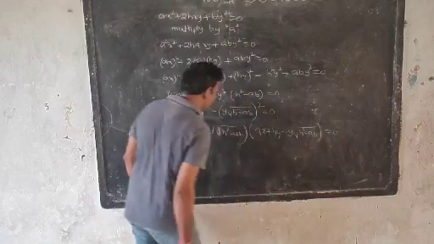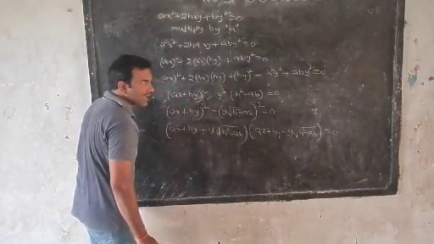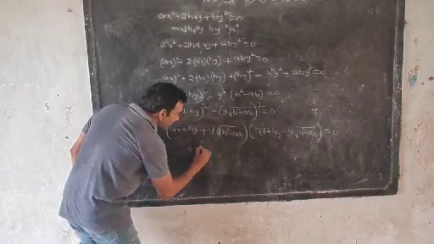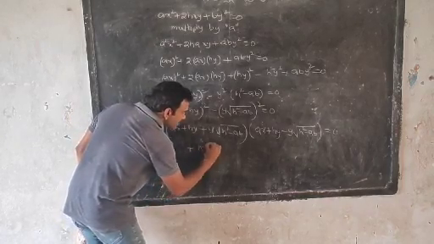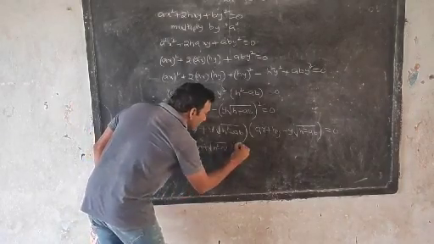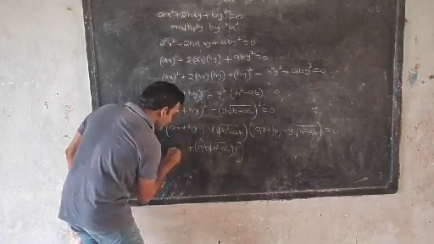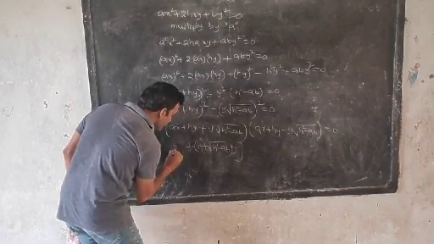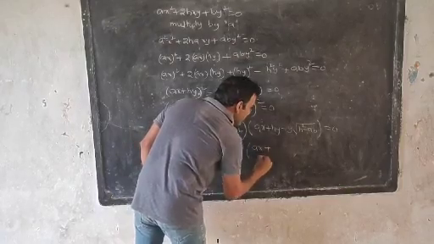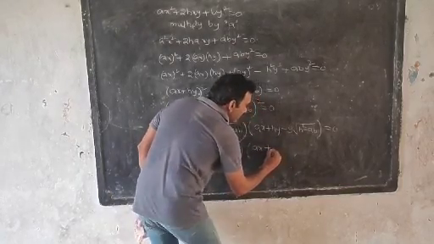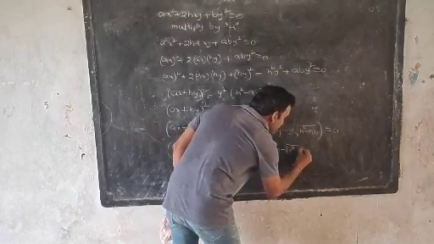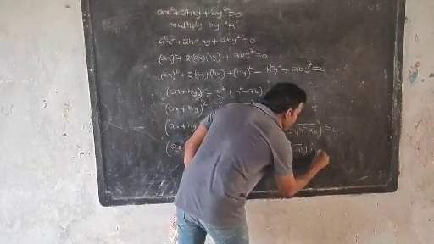equal to 0. In these two terms, y is the common factor, so I am taking y common. If I take y common, ax plus h plus square root of h square minus ab, this total into y, and ax plus, if I take y common, h minus square root of h square minus ab, this total into y.